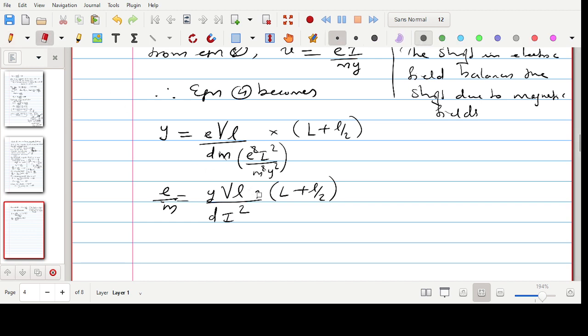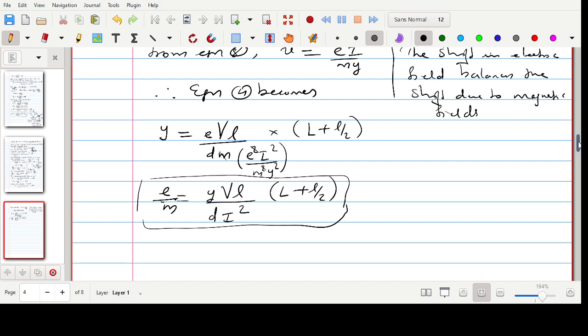So no m is there. E by m is taken to left hand side, then y will get cancelled. Here we will be having this y in the numerator. So E by m equals y V L by d I square into L plus L by 2. So using this equation, we can find the value of E by m.